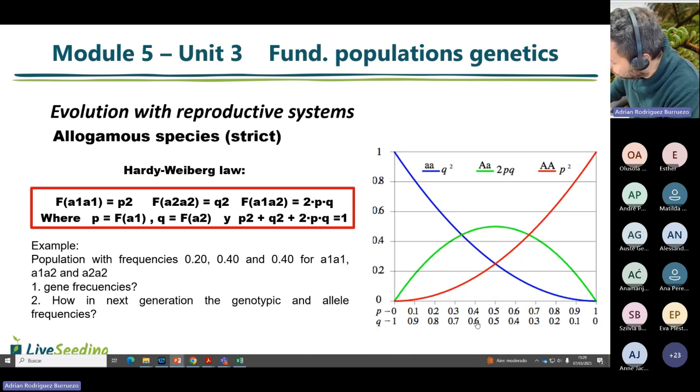A1A2 would be 2PQ, which is 2 times 0.4 times 0.6, which is 0.48. And finally, A2A2 would be Q squared, which is 0.6 squared, which is 0.36.